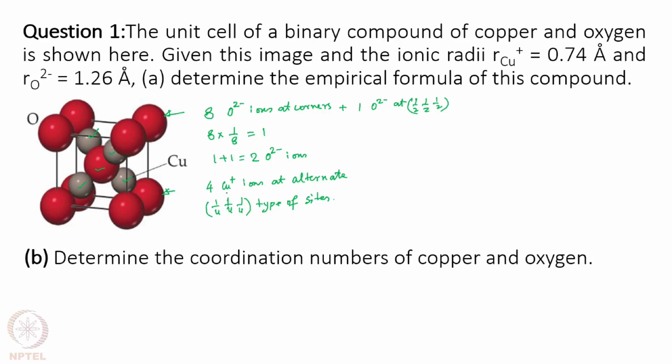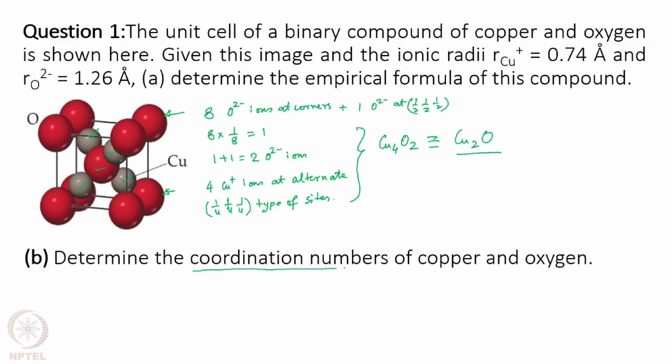So you have 4 full copper ions and 2 oxide ions. It corresponds to a formula like Cu4O2, which is equivalent to Cu2O. This is the empirical formula of the compound shown in the structure.